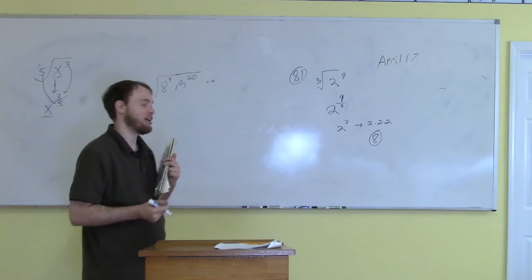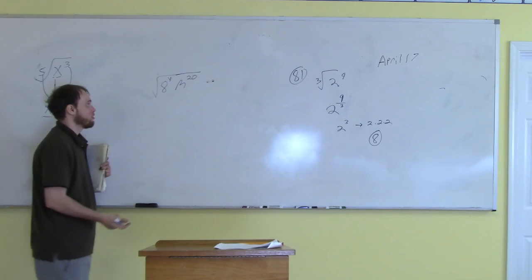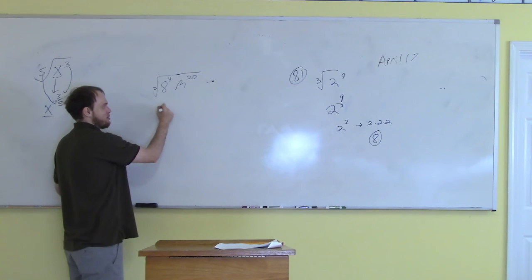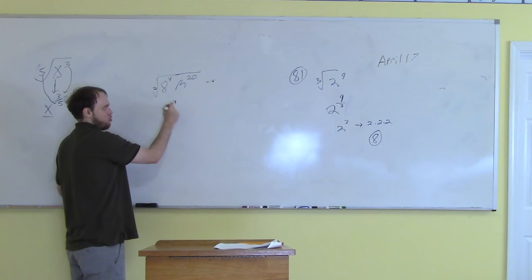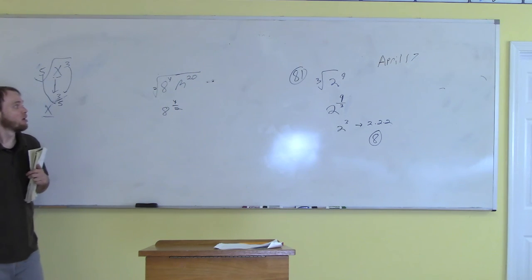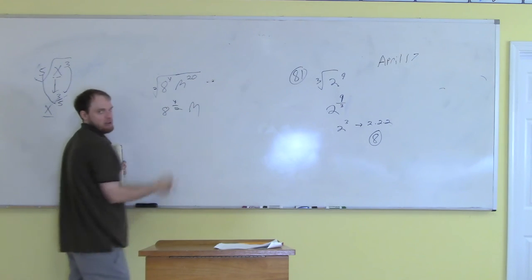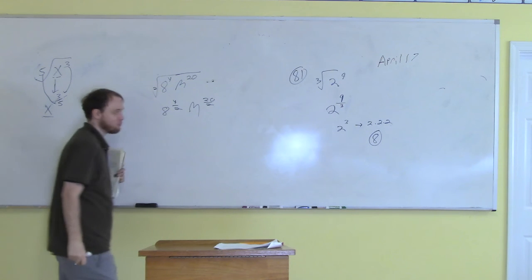So again, you're going to set up your fractional exponents. So we're going to do the number first. So it's an understood 2. So to do that, your base is 8. And then the 4 becomes the numerator, the 2 becomes the denominator. Then for the m, m is your base, the 20 becomes the numerator, the 2 becomes the denominator.